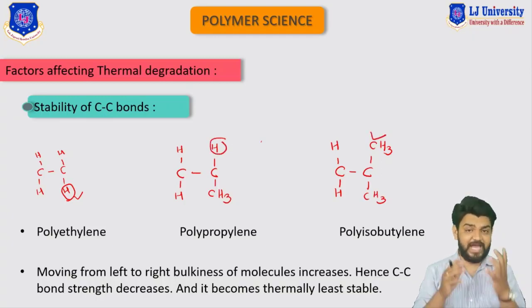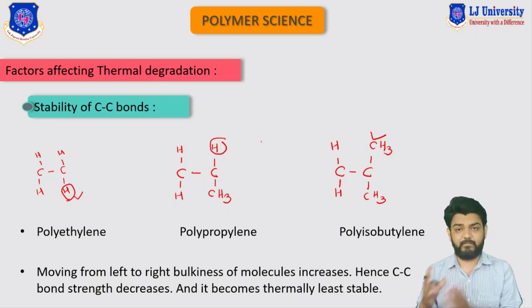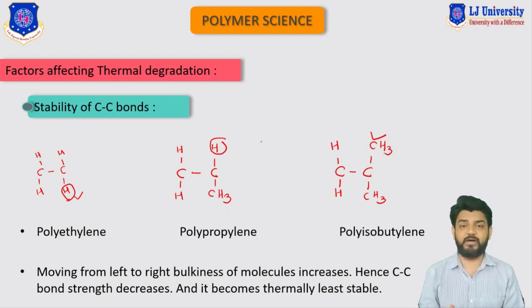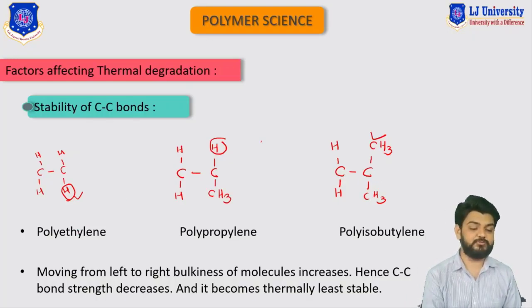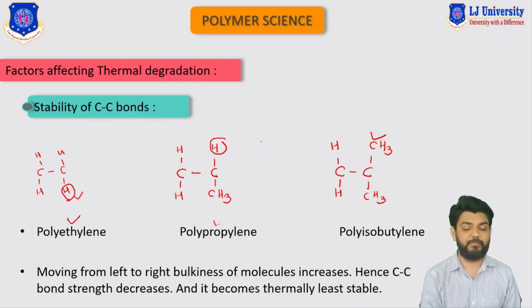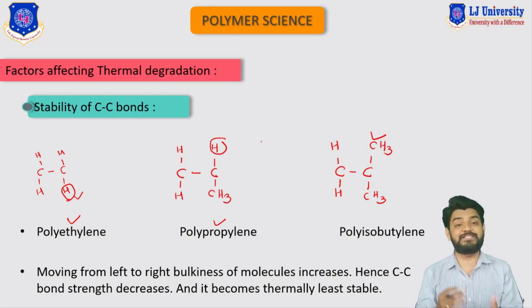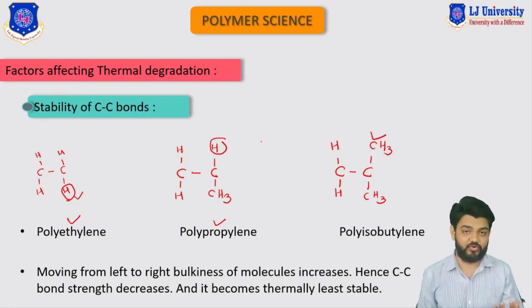Now if you carefully look at these three examples, what statement can we make? That every molecule or every monomer is becoming more bulky. You can see that polyethylene is a very light molecule. Polypropylene is a relatively bulky group because it involves one CH3 group instead of hydrogen.